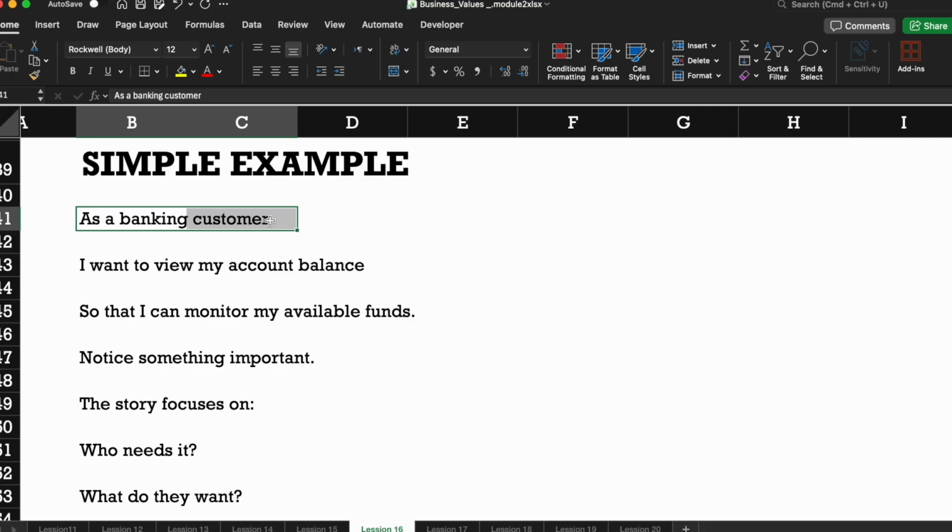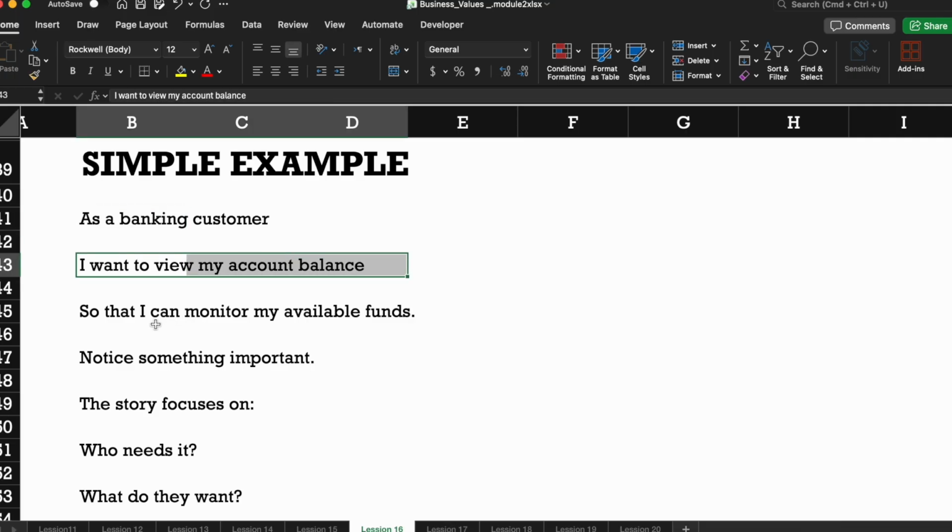Let's say you are building a loan application, and the feature is for loan review. Here the user is the banking officer, the loan officer, right? Then you write the feature and what's the benefit of that feature or functionality.